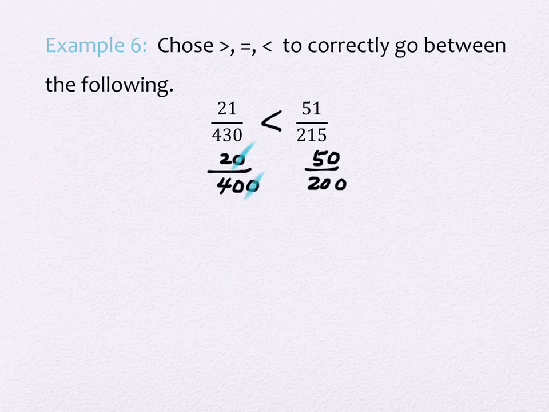So this 0 and this 0 reduce, and this 0 and this 0 reduce, and then we can reduce the 2 and the 4, and we end up getting 1 over 20 on the first one, and 1 over 4 on the second one. And these aren't exact, right? It's an approximation, but it gives us some idea of what to expect. Which number is bigger, 1 over 20 or 1 over 4? 1 over 4.